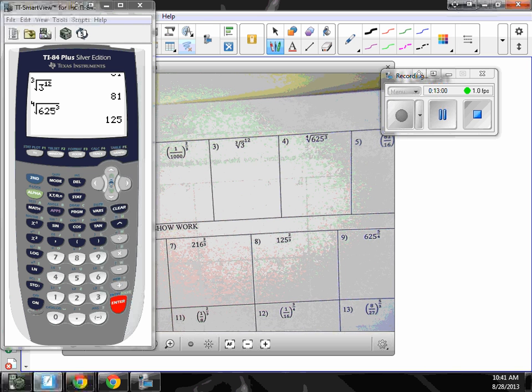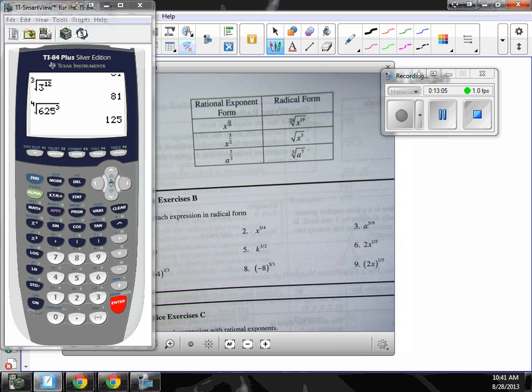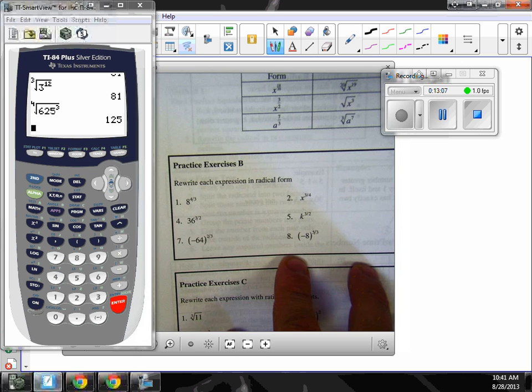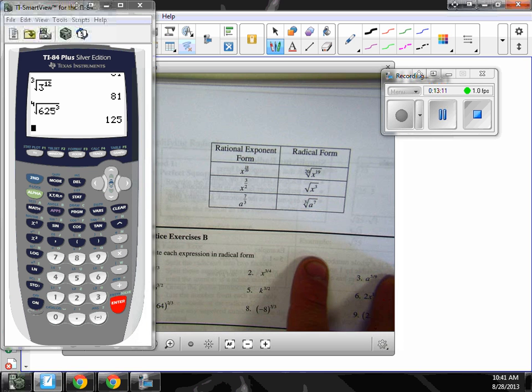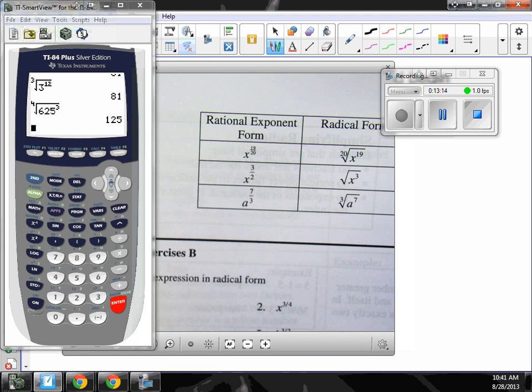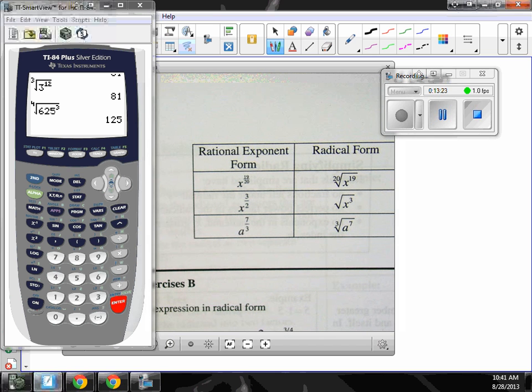Pull out your textbooks and look at page number 5. At the top of page number 5, you see a box that helps you know how to convert from radicals to exponents. And you need to be able to do that in order to go on in this chapter.